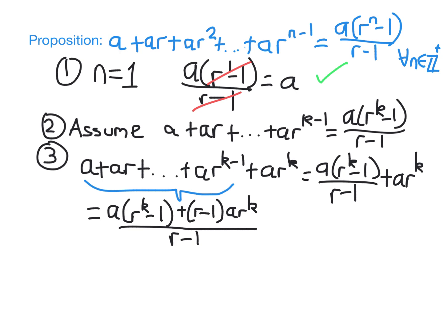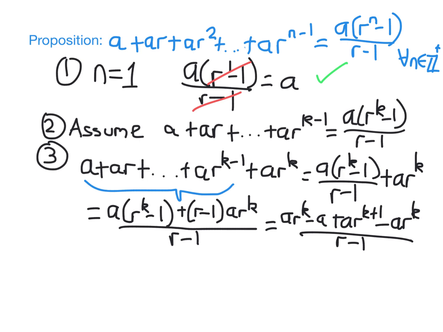Now I'm just going to expand the brackets at the top, a times r to the power of k plus 1. So now I go r times a r to the power of k. It will just be a r to the power of k plus 1. And then minus 1 times a r to the power of k.